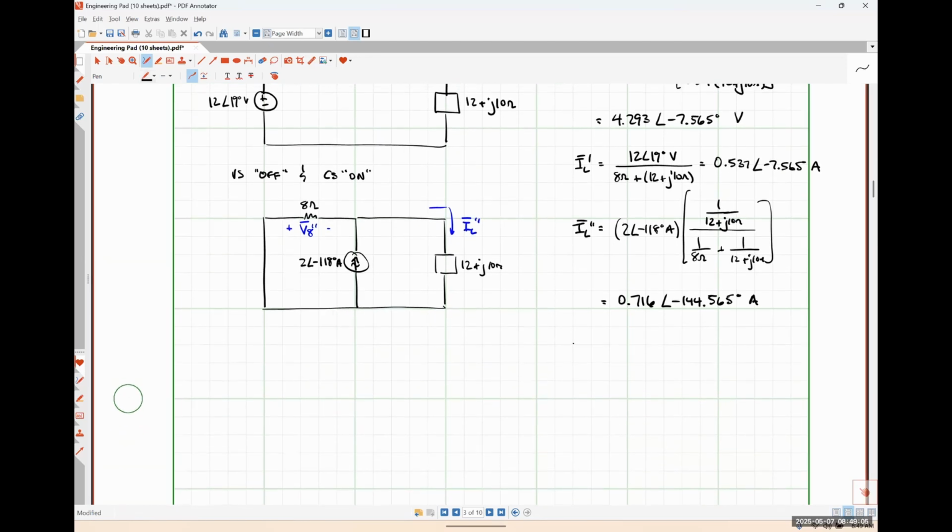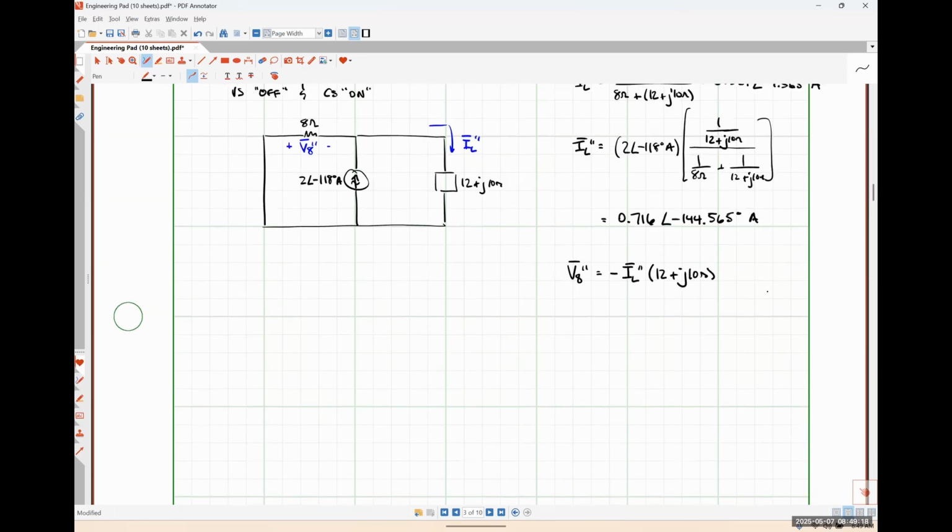So V8 double prime would be equal to negative IL double prime times 12 plus j10 ohms, or we could do negative 2 angle negative 118 amps, and then 8 ohms in parallel with 12 plus j10 ohms. Either way is going to give us the exact same result.